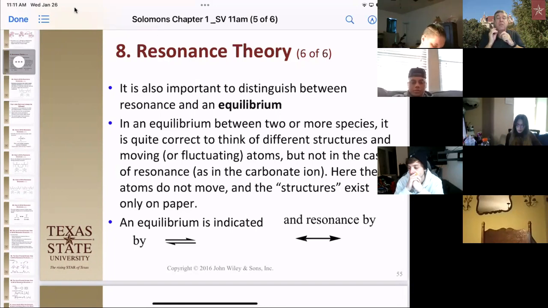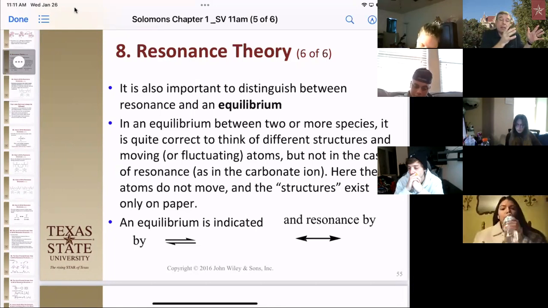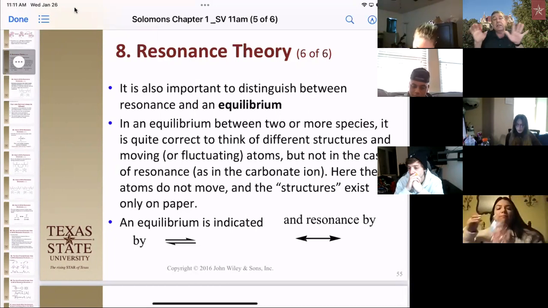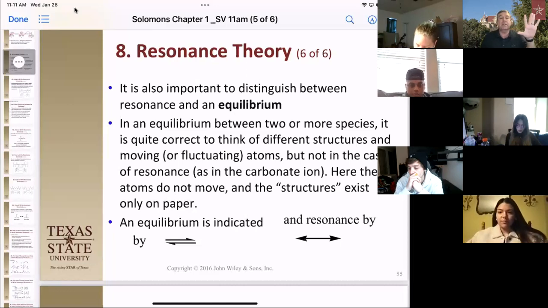They are in resonance, meaning any of them are correct, not that it's shifting one way or another in equilibrium. An equilibrium is more like acid and base, where some of the acid reacts and some of the base reacts, which leaves some acid and base unreacted and some as the reacted part, making the salt and water. That is in equilibrium because it can shift back and forth.